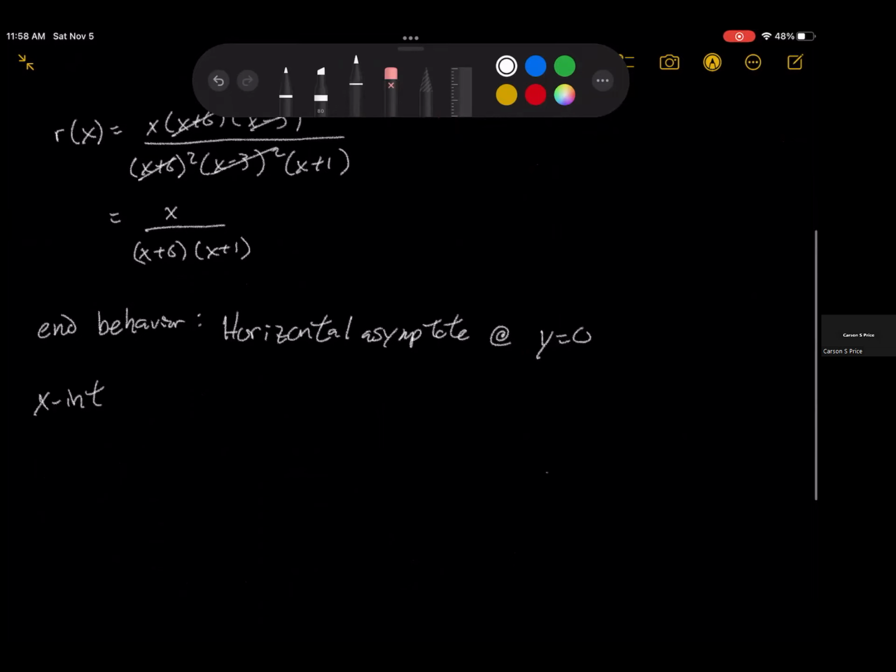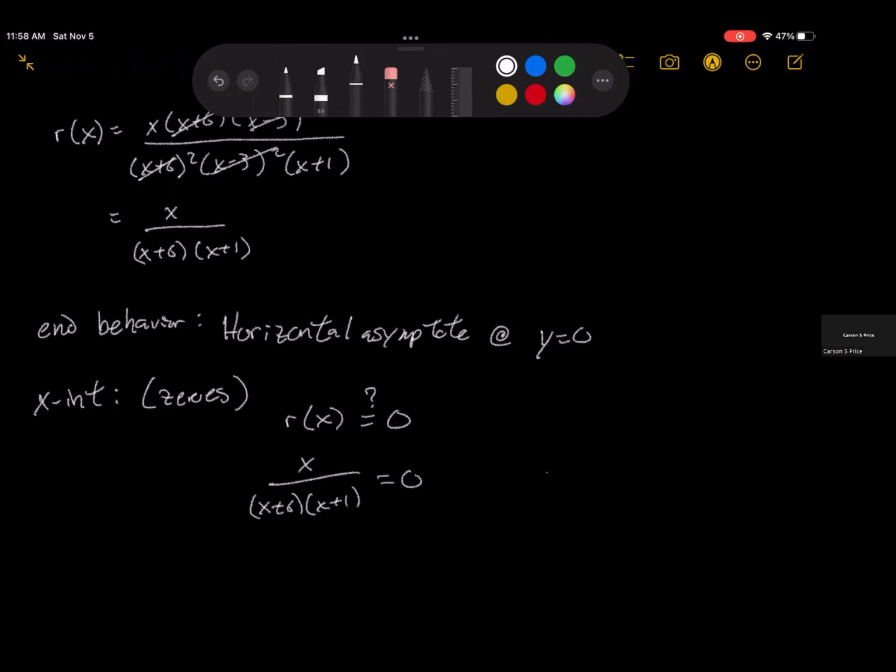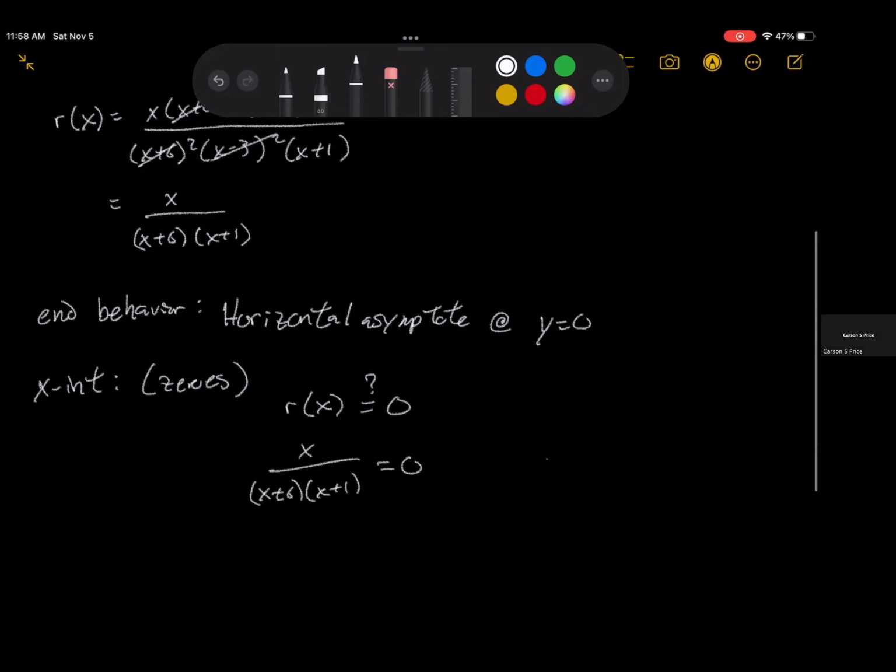Now let's look at x-intercepts. These are another name for the zeros. What's going to make my function give me a 0? This is the question that I'm asking. When does my function give me a 0? Well, the simplified version of my function is x over x plus 6, x plus 1, and I can multiply both sides by that denominator, and this just simplifies quite nicely to x is equal to 0.